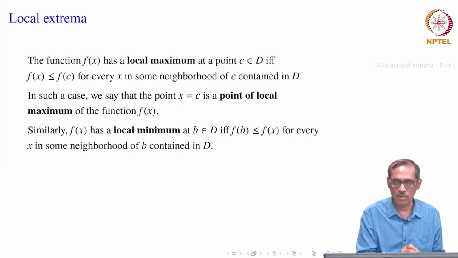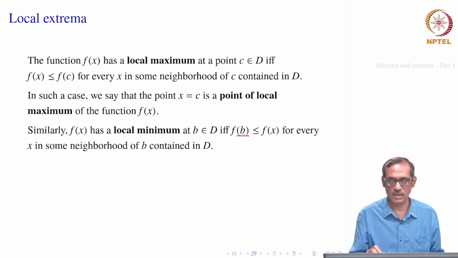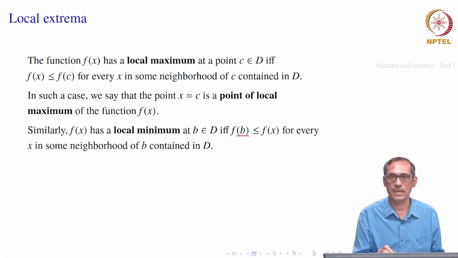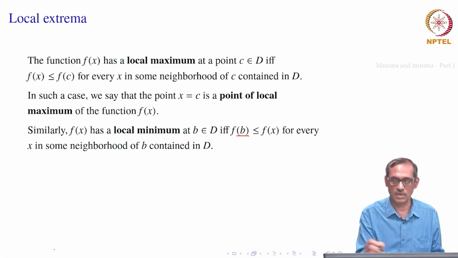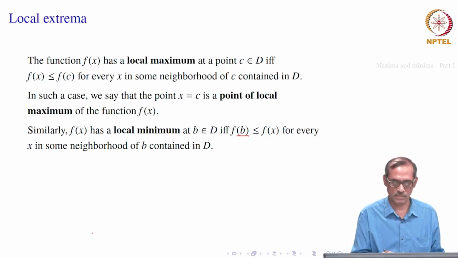Similarly, local minimum can be defined. Suppose B is a point inside D. We say the function has a local minimum at B if f of B is less than or equal to f of x, where x varies over some neighborhood of B. That neighborhood of course should be contained in D, in both cases, for local maximum and local minimum, otherwise we cannot talk about f of x.